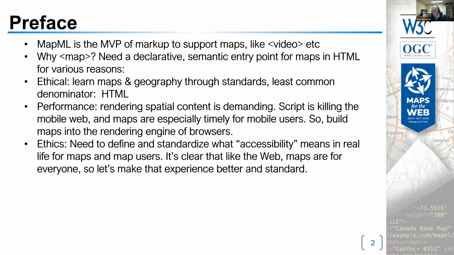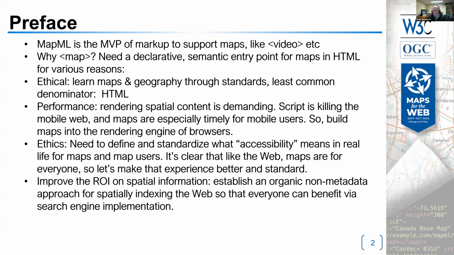Finally, we need to establish an organic, not metadata-based, basis for spatially indexing web pages, so that search engines can return search results based not only on ranking the text of documents against search terms, but also based on spatial indexing of map elements in the page. Like the PageRank algorithm, but instead of or as well as backlinks increasing a hit's relevance, the page literally nearer to the search term would raise the result rank.